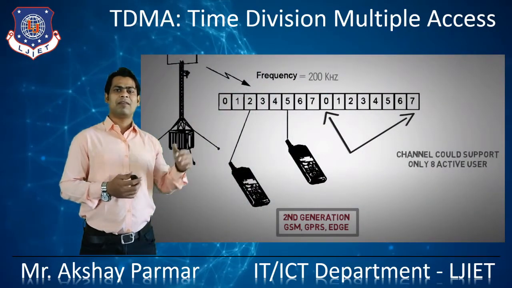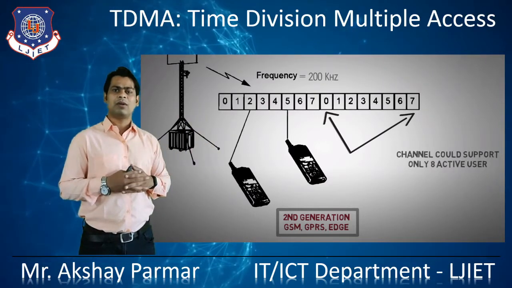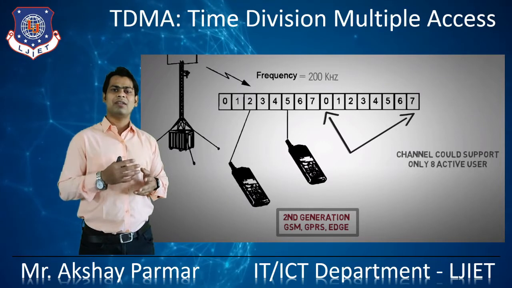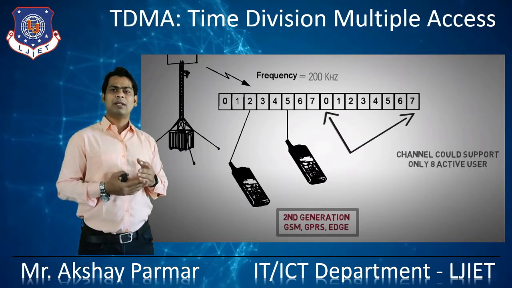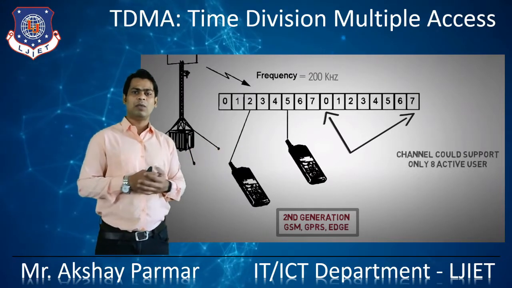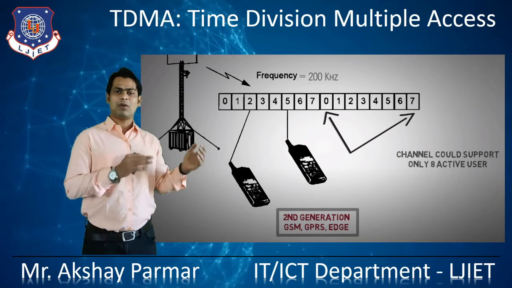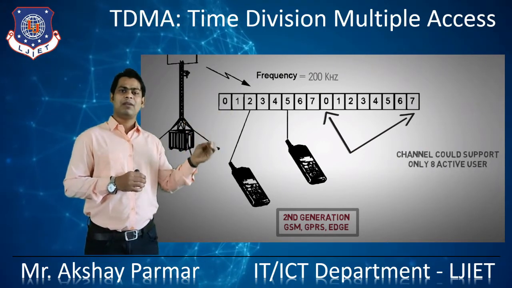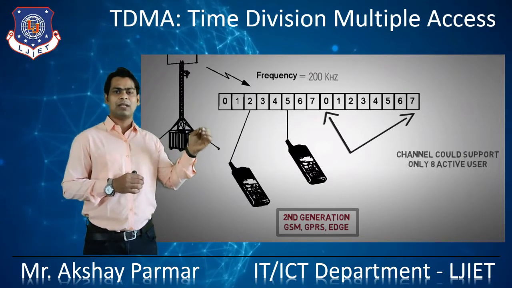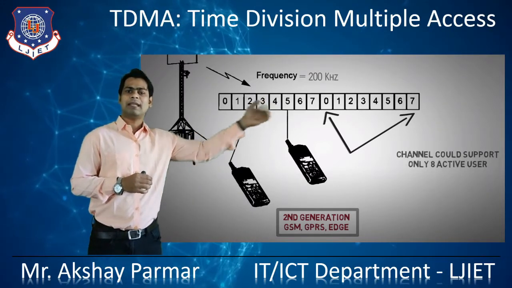After that, the frequency of 2 kilohertz. TDMA is used in second generation systems: GSM, GPRS and EDGE. In that, we are dividing the frame into time slots 0, 1, 2, 3, 4, 5, 6 and 7.